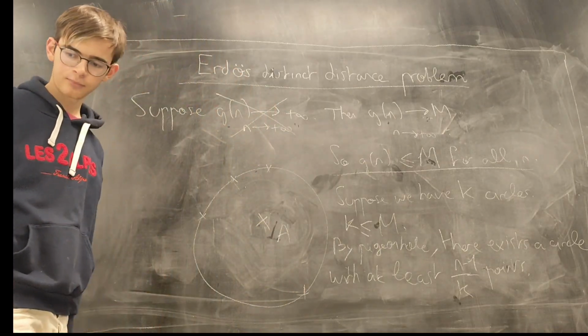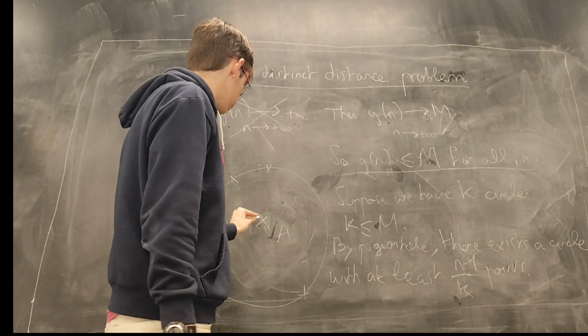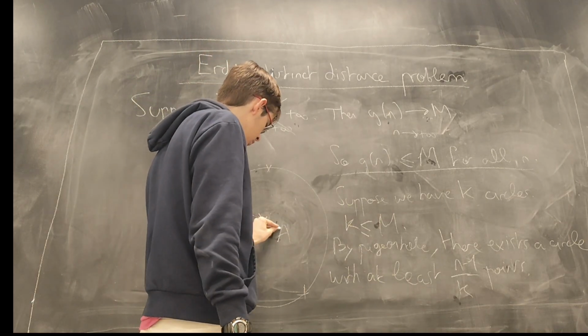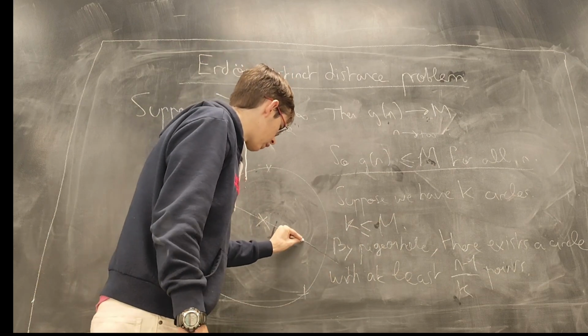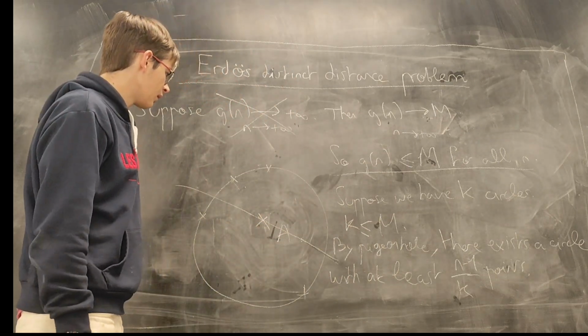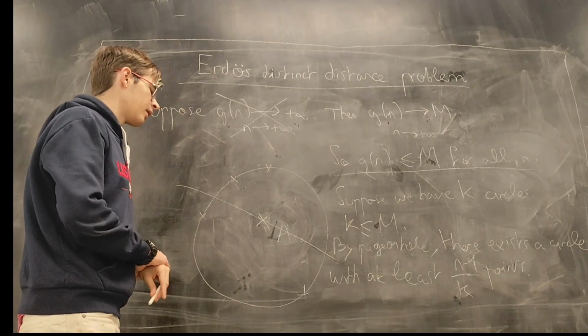Now let's cut the circle in two. Let's draw a diameter of the circle, and by doing so, we cut the circle into 2 semicircles. It's going to be clear very soon why we're doing this.